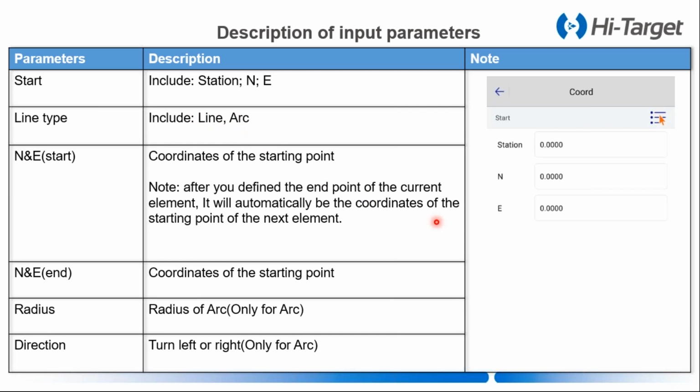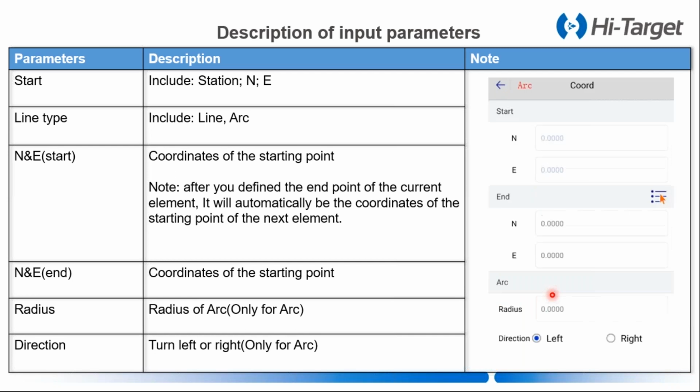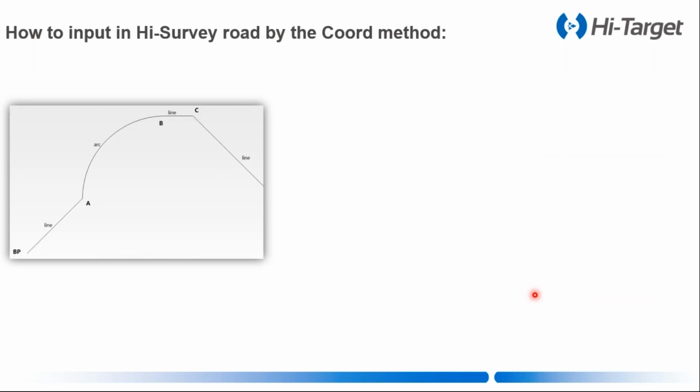Then we choose the line type and input the coordinate of this endpoint here. After that, we add another curve, the circular curve. We can input the endpoints for the arc. We also need to input the radius and also the direction. Okay, let's see the demo road.